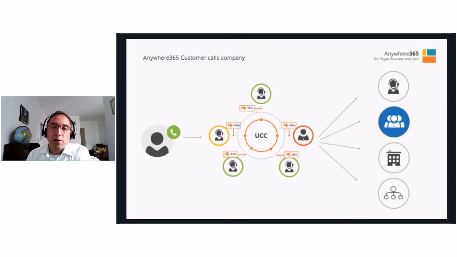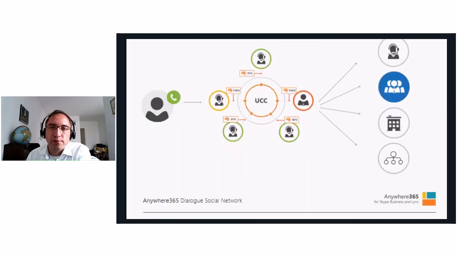It can hunt people based on the skills provided in the CRM, or based in the Anywhere 365 platform, and it will hunt the call to a specific available agent, in which it includes the data from the CRM call.